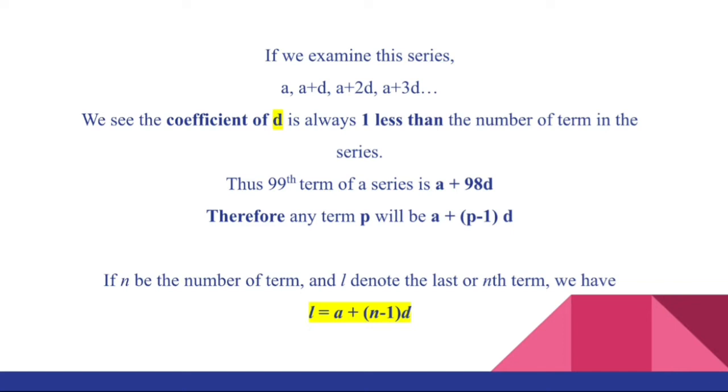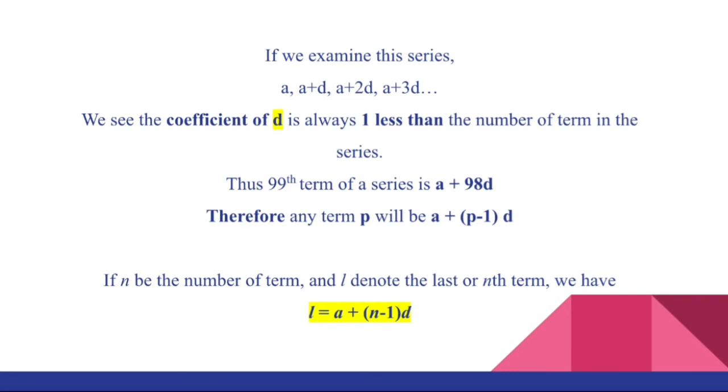what can be the general formula of that term? a plus 999d, because the coefficient of d is always 1 less than the number of the term of the series. So we can come to a conclusion. If n is the number of terms and l denotes the last or nth term, we can write l equals a plus n minus 1 d.